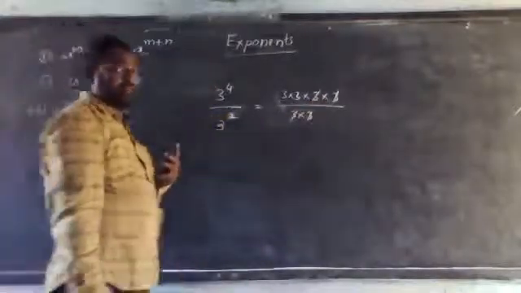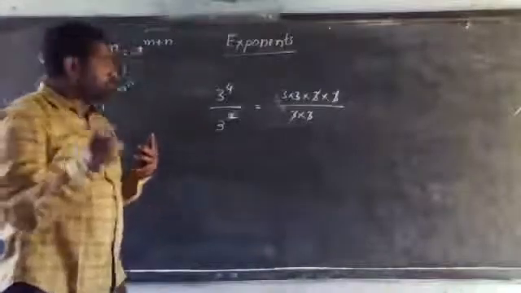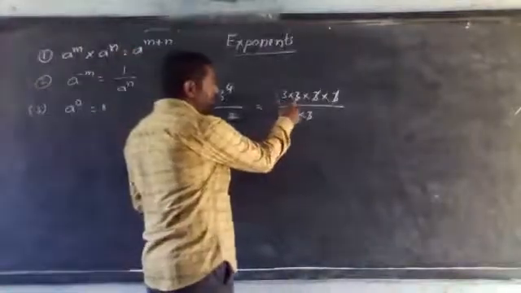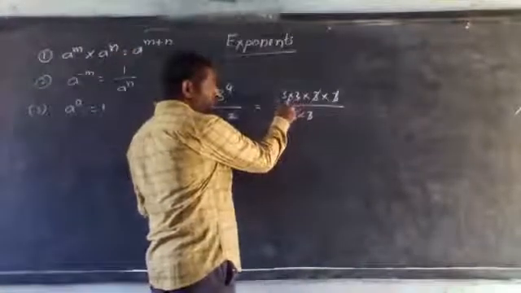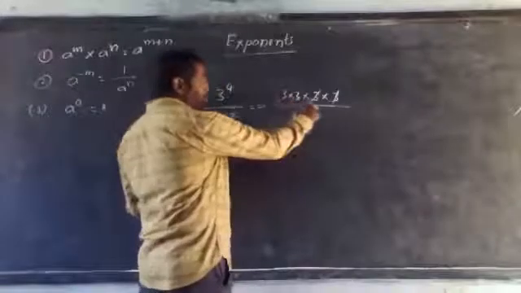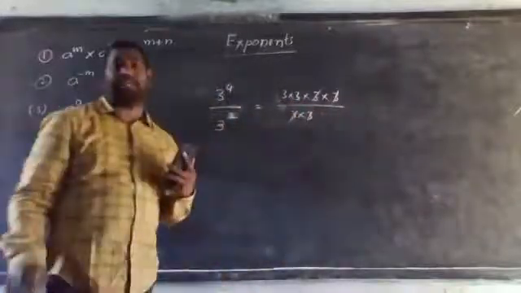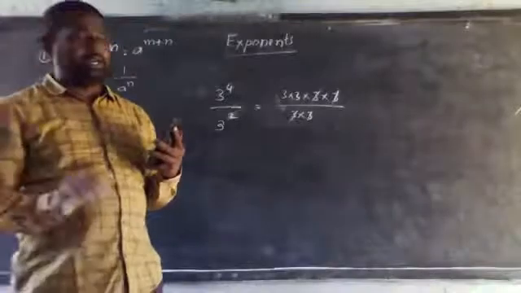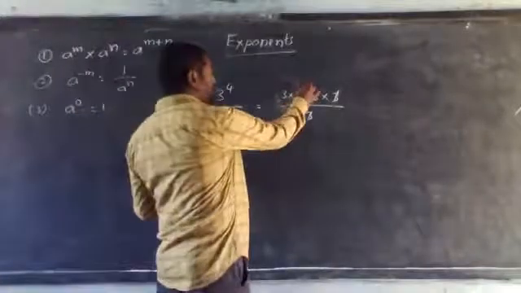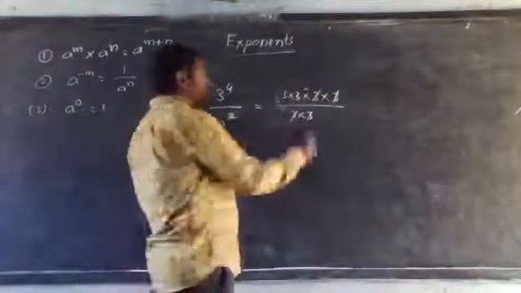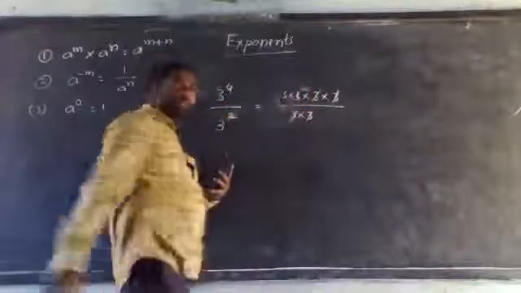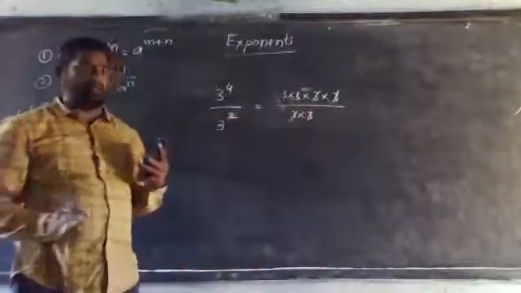We are cancelling. When we are cancelling, there is a very important rule. In between these threes, if we have only multiplication symbols, then only we can cancel. In case anywhere we have a plus or minus symbol, we can't cancel.